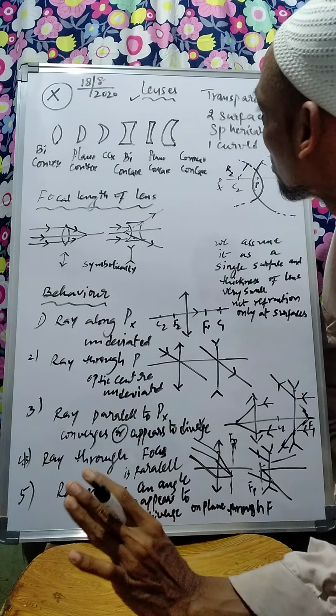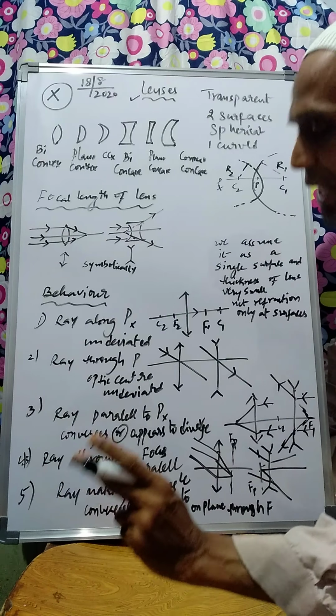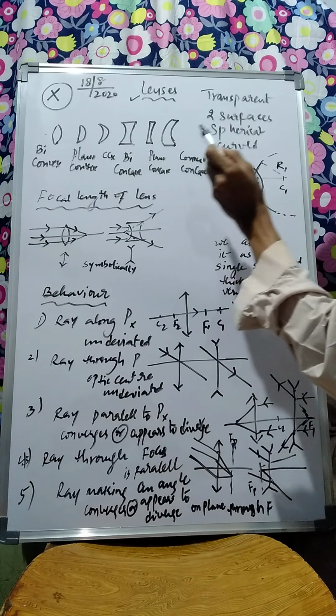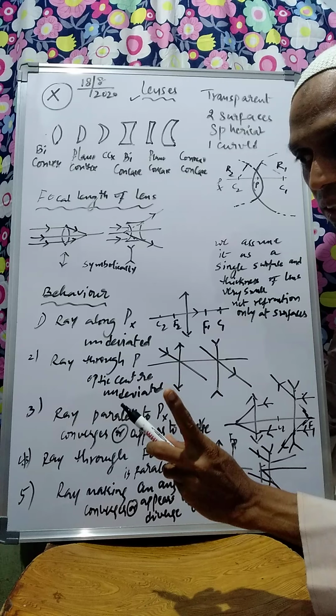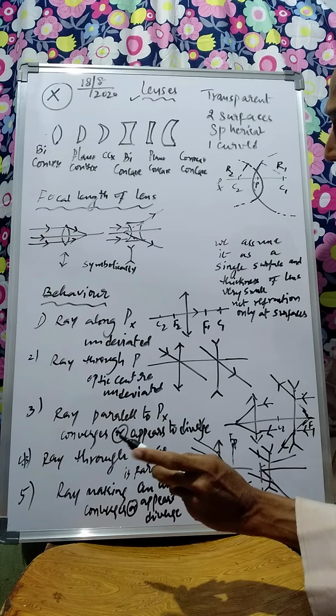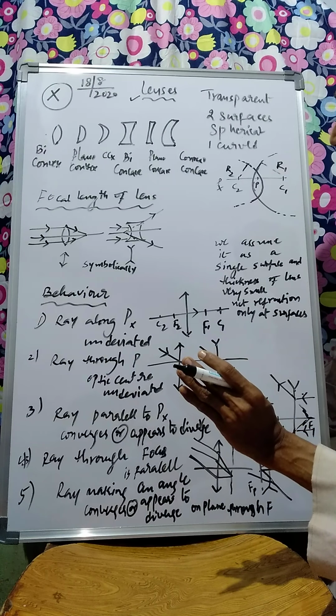A lens is a transparent medium, meaning it allows light to pass through. It has two surfaces, and at least one of the surfaces is curved. Is it clear? It is prepared from a hollow sphere of two surfaces, cut like this.